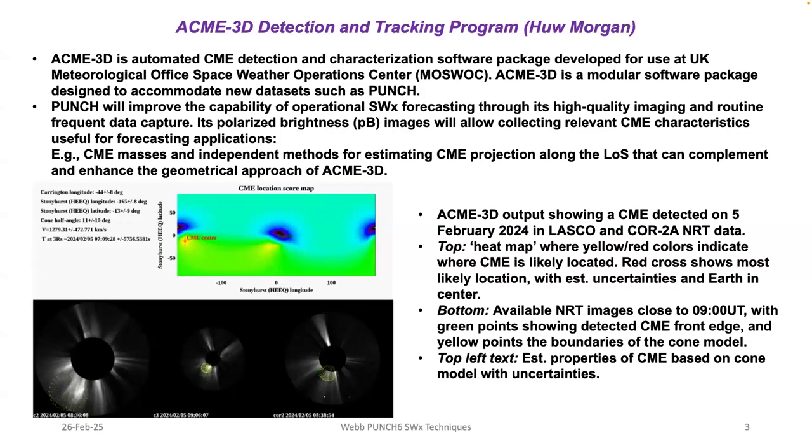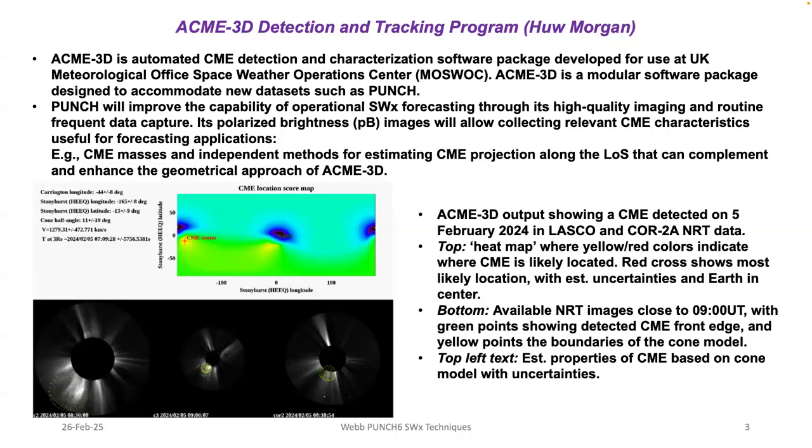PUNCH will improve, as we know, the quality of space weather forecasting because of its high quality imaging and routine, frequent data capture, and its PB images will allow collecting characteristics, especially on the tracking, which of course will be very useful for forecasting because you need to know where the particular structures are headed with respect to an object like Earth.